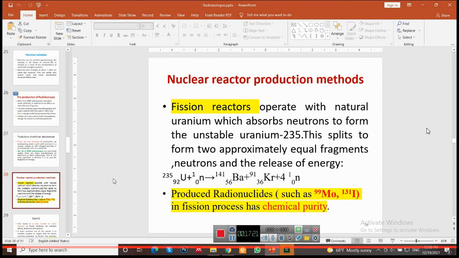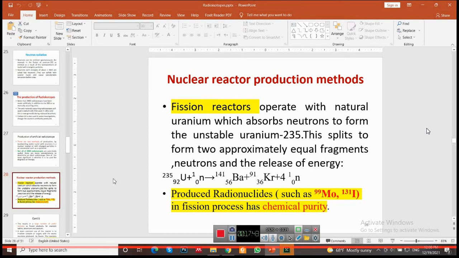In the fission reaction, as I say, a nucleus with very high mass, for example uranium, absorbs a neutron, and instead of producing a radionuclide with higher mass, it splits into some radionuclides with a smaller mass.